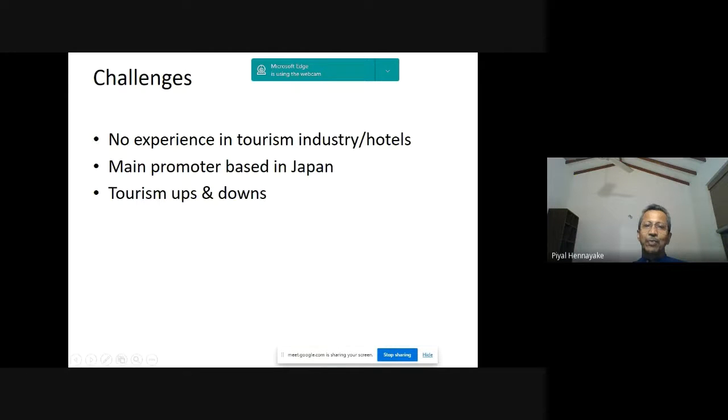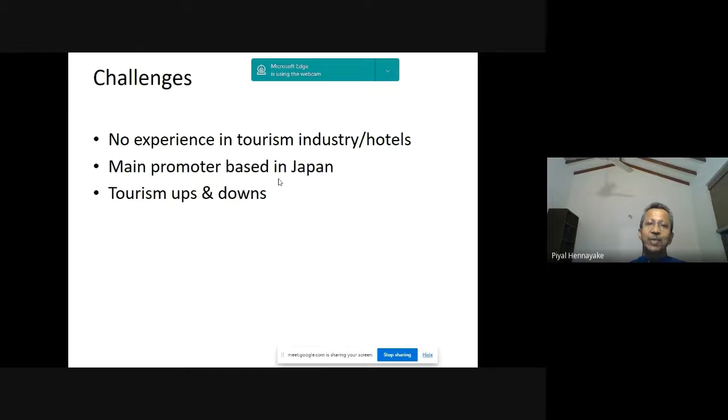So they had no experience in the tourism industry or hotels. So that is what you have to look at when you finance a project. What is the experience? Without experience, you don't know how to even plan a project, how to get the architect drawings. The architects won't know how a hotel is running, so you need a hotel consultant, right?